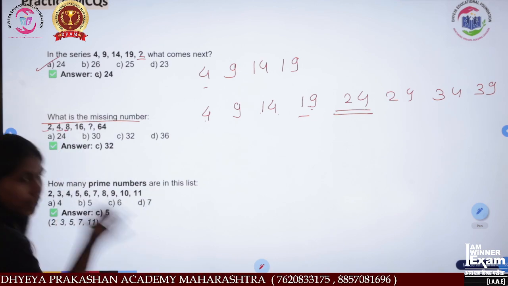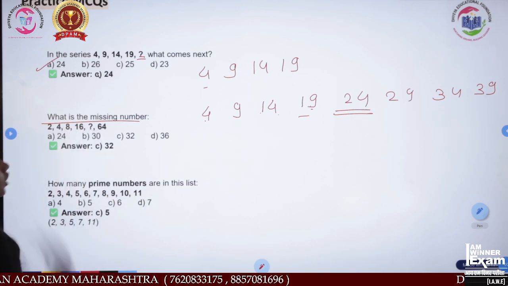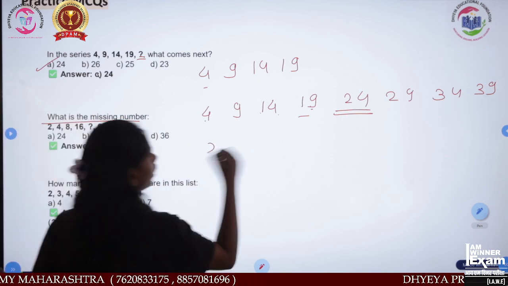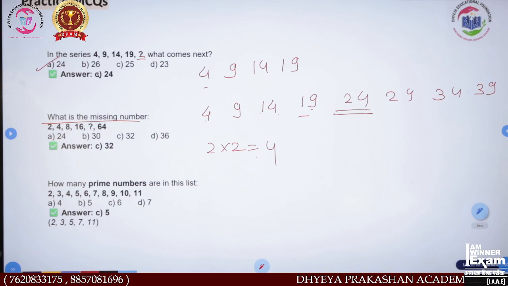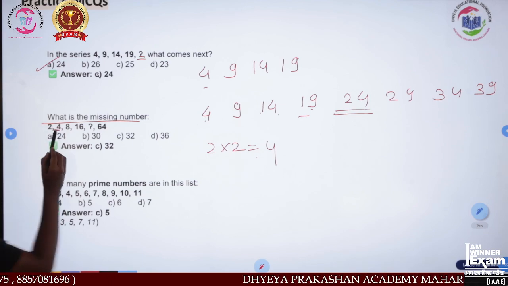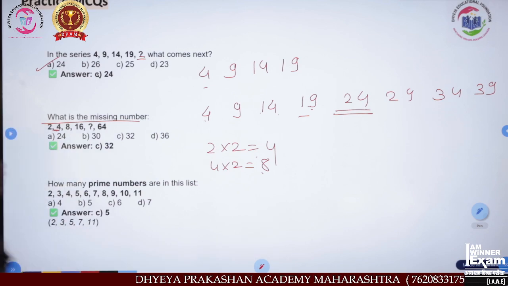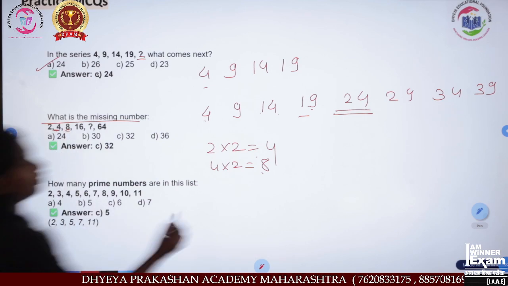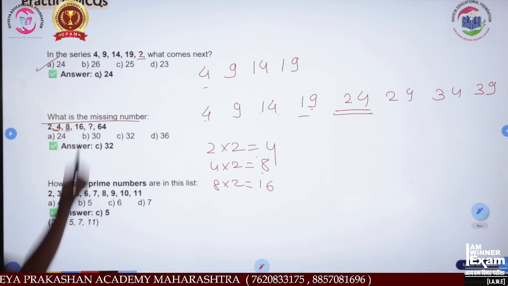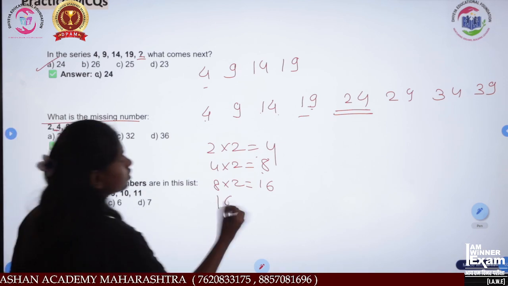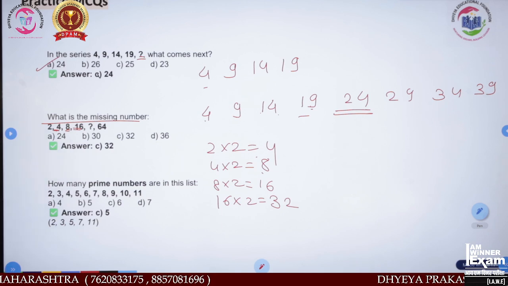There should be 6, there is not 6, so this is not the table of 2. Then what is it? If you look, 2 twos are 4. And then 4. Then 4 twos are 8. The next number 8. Then you take 8 into 2, you will get 16. And if you multiply 16 into 2, you will get 32.